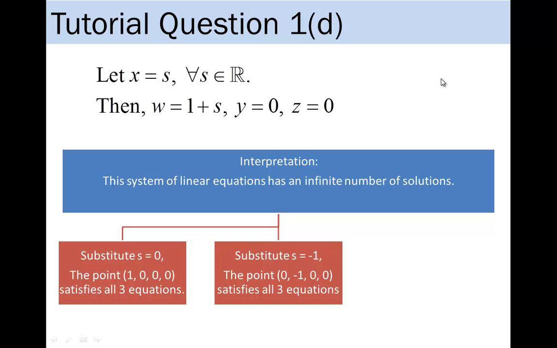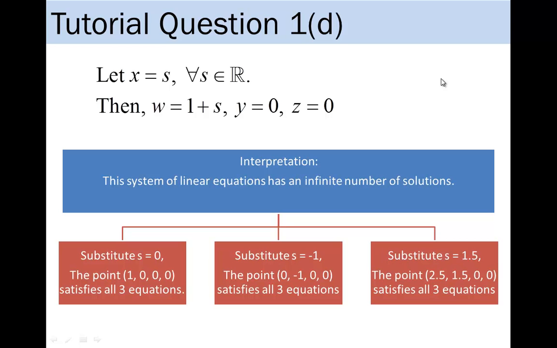Finally, let us look at one more example. If s equals 1.5, then x equals 1.5, whereas w equals 1 plus 1.5, which is 2.5. Hence, the point 2.5, 1.5, 0, 0 will satisfy all three equations.